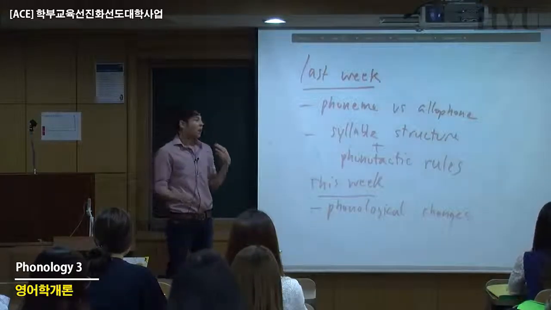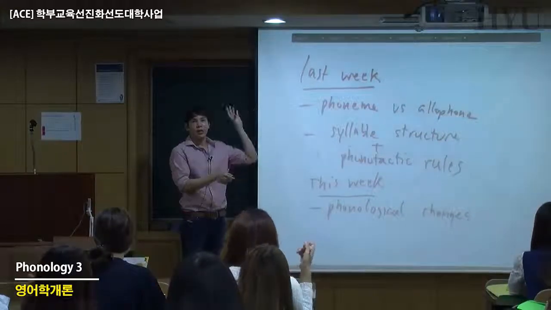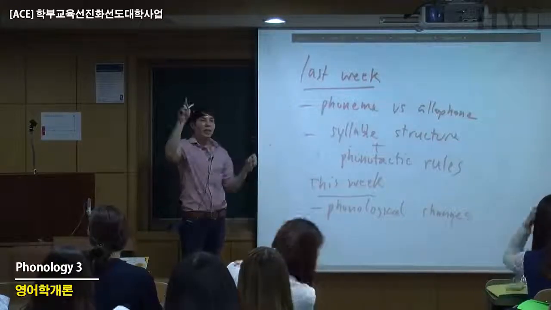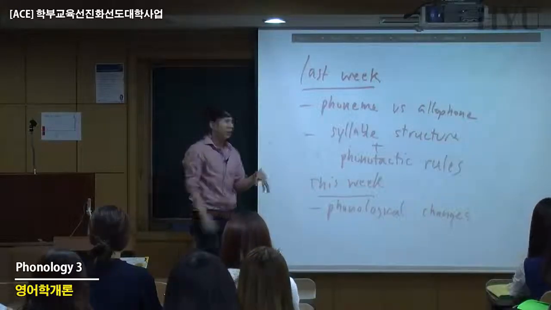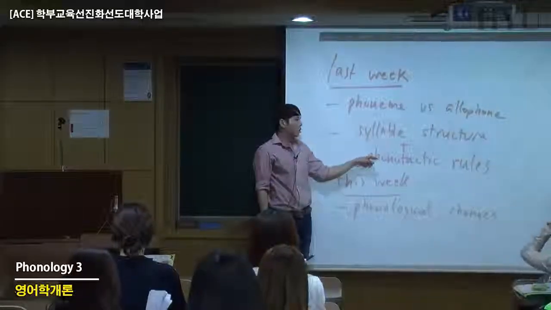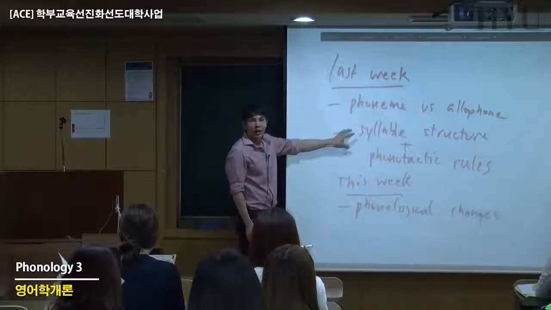You can have up to 3 sounds in the beginning of a word. The first has to be S, the second one has to be P, T, or K, and the last one L, W, R, or Y. You need the phonotactic rules in order to understand how to syllabify words. So that's what we talked about last week.